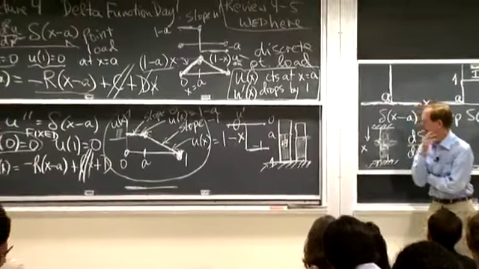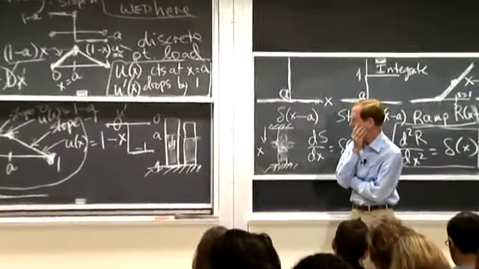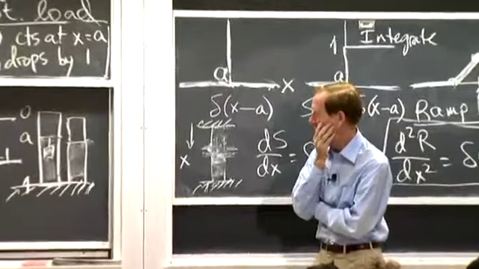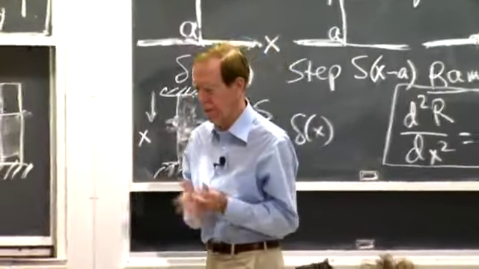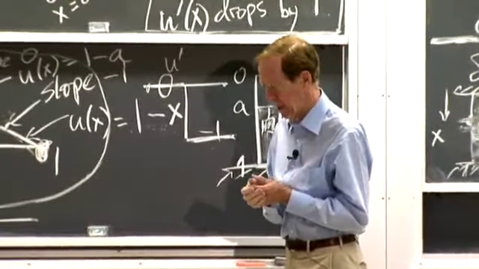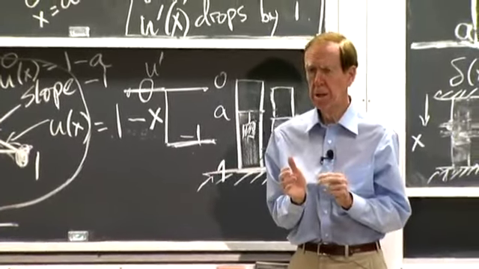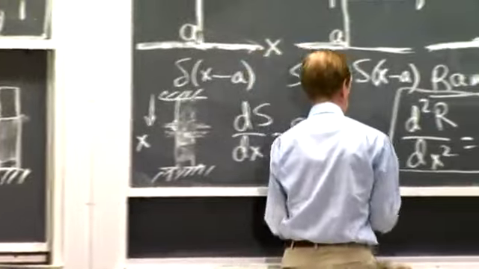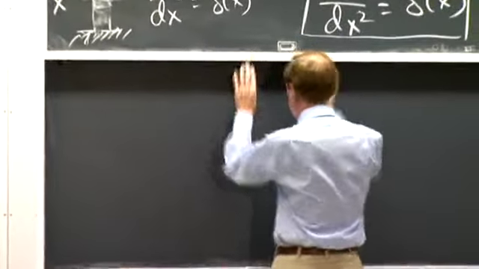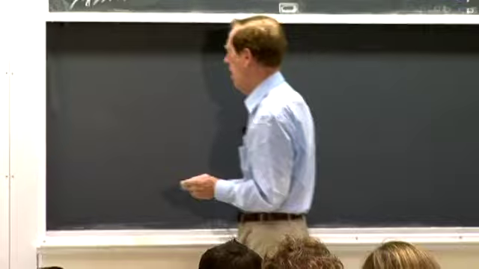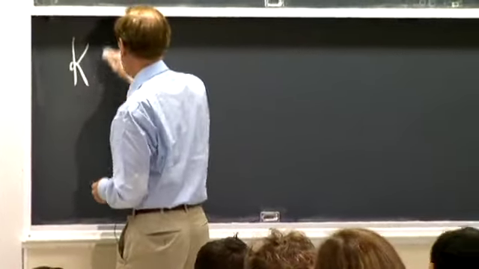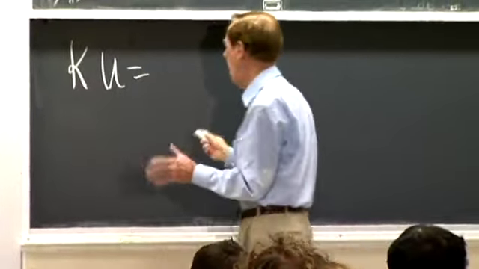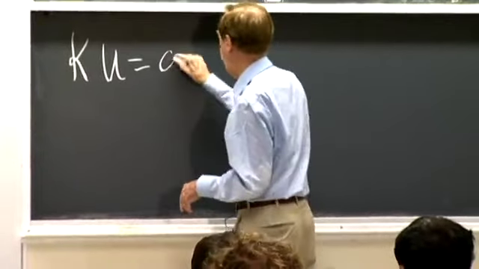Okay. Now, I've got to do the discrete case. Are you up for the discrete case? The case where we have a difference equation. So we're doing KU equal a column of the identity.